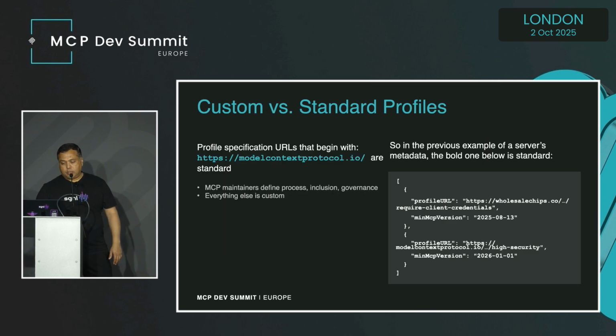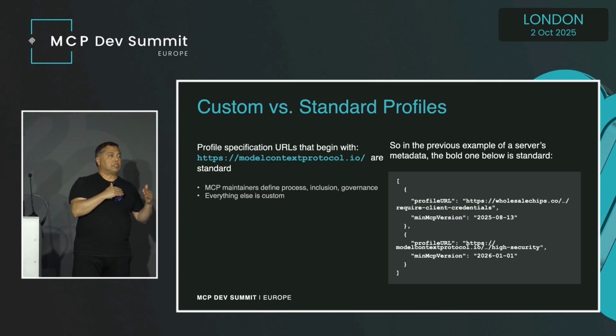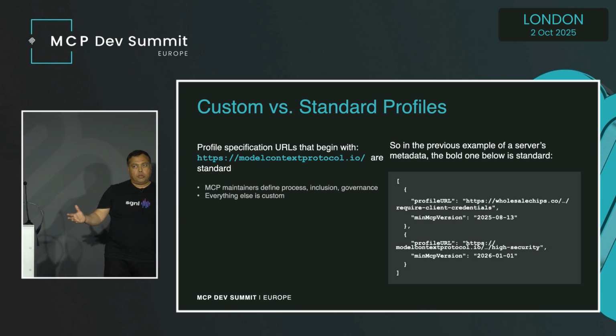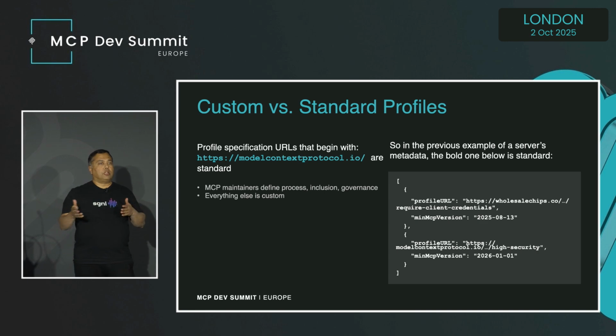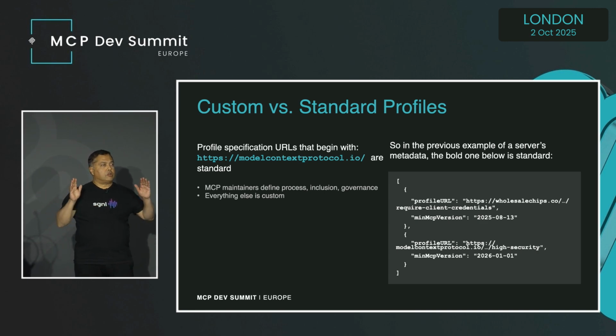Now, I mentioned earlier that there was one profile that was defined at a location which was wholesalechips.co something, and there was another profile which was in the modelcontextprotocol.io domain, right? So the difference there is that if the whole community agrees that such a profile should exist, and let's call it a high security profile, not everyone wants to use it, but there is a common understanding that there is such a profile.